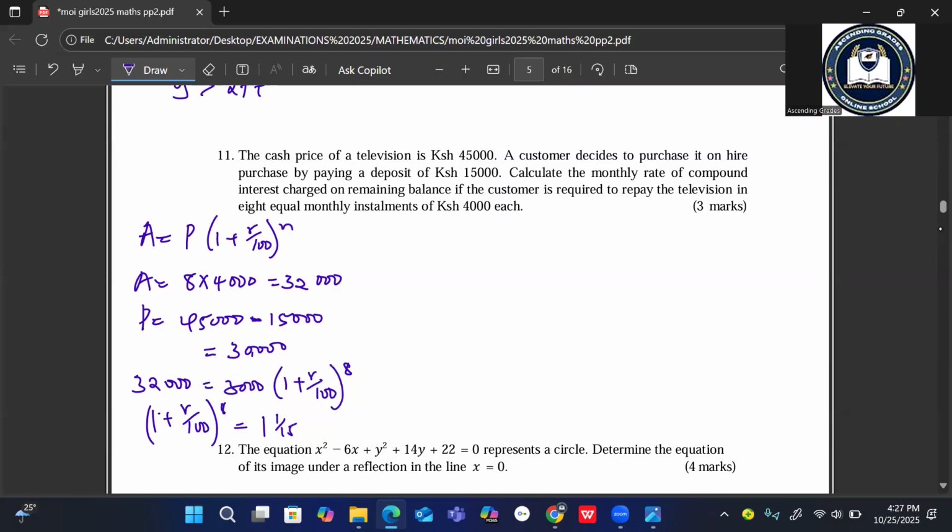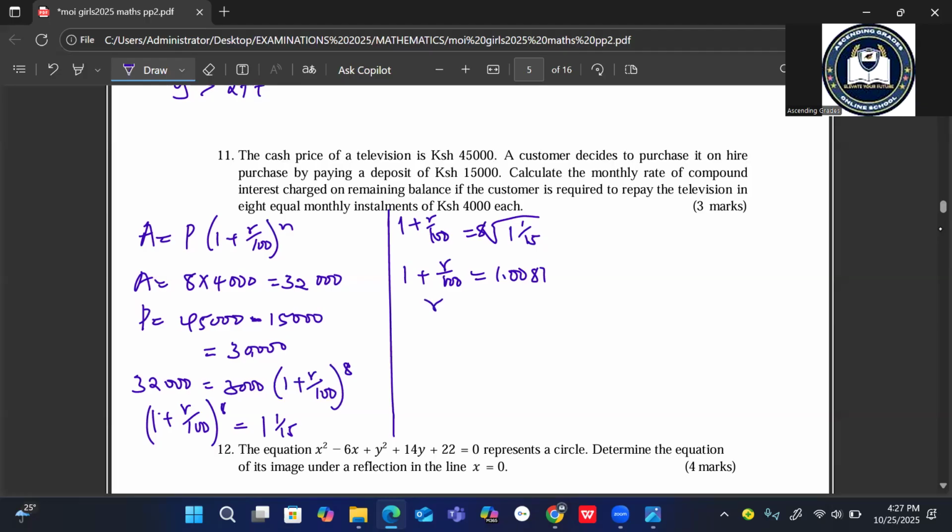Now, for this one, we shall have 1 plus R over 100 equals the 8th root of 1 over 15, which gives us 1.0081.